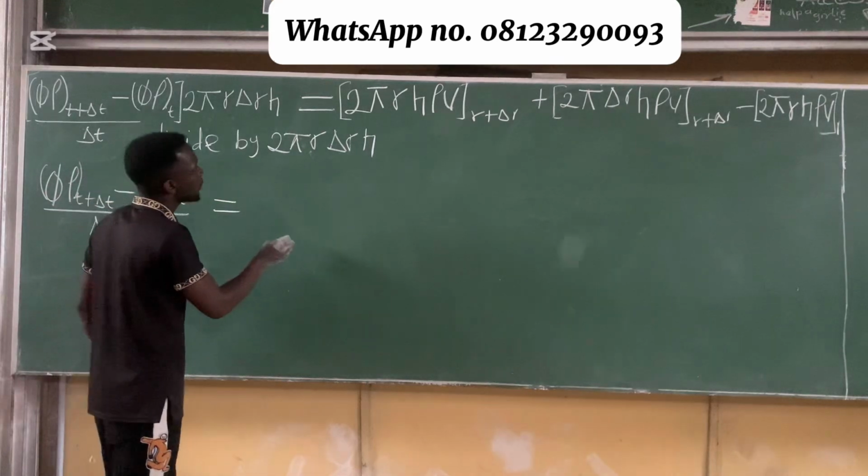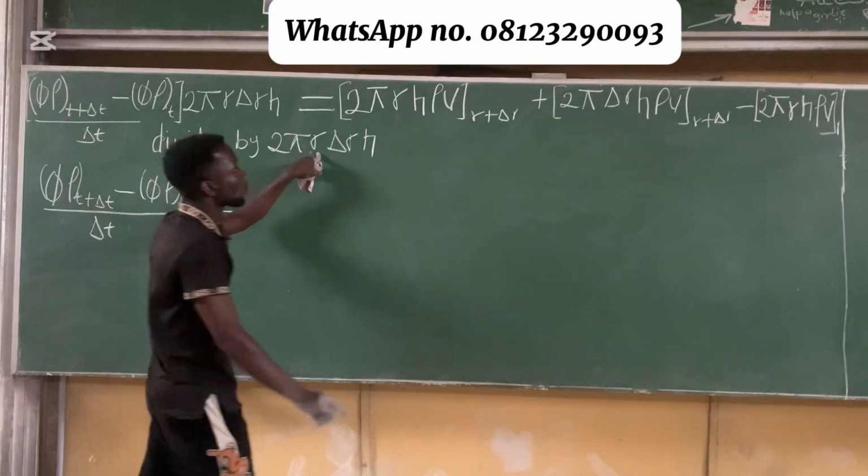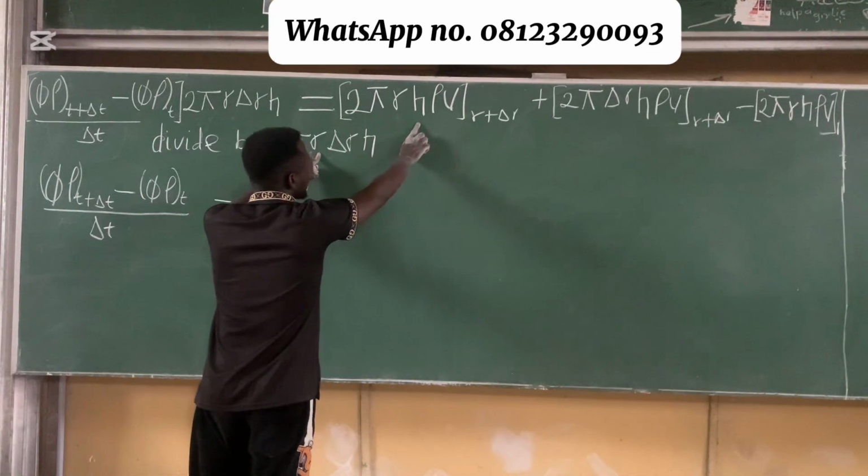On the right, if we divide through, 2 will cancel 2, pi will cancel pi, r will cancel r, then h will cancel h.